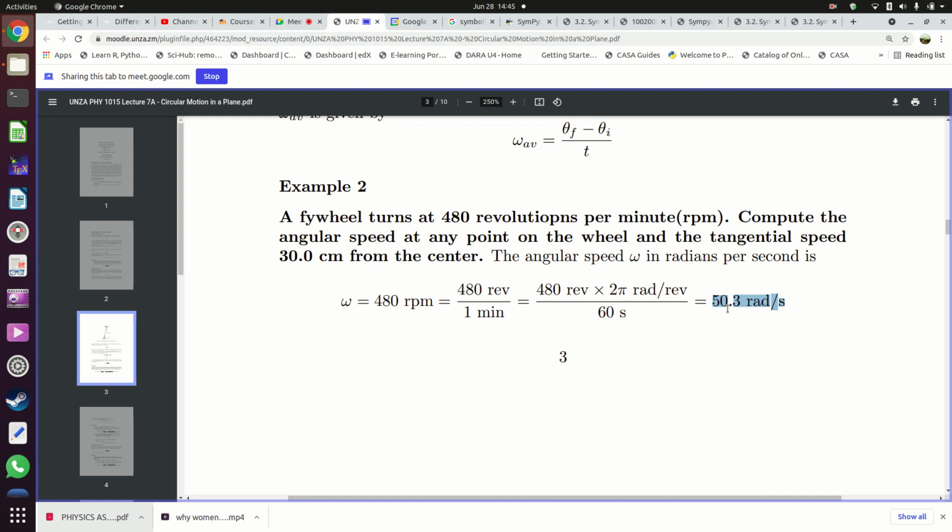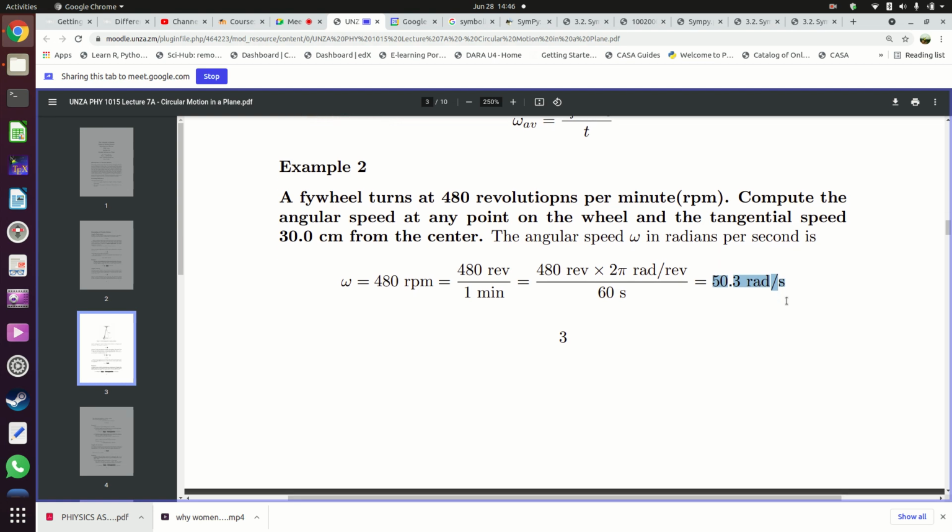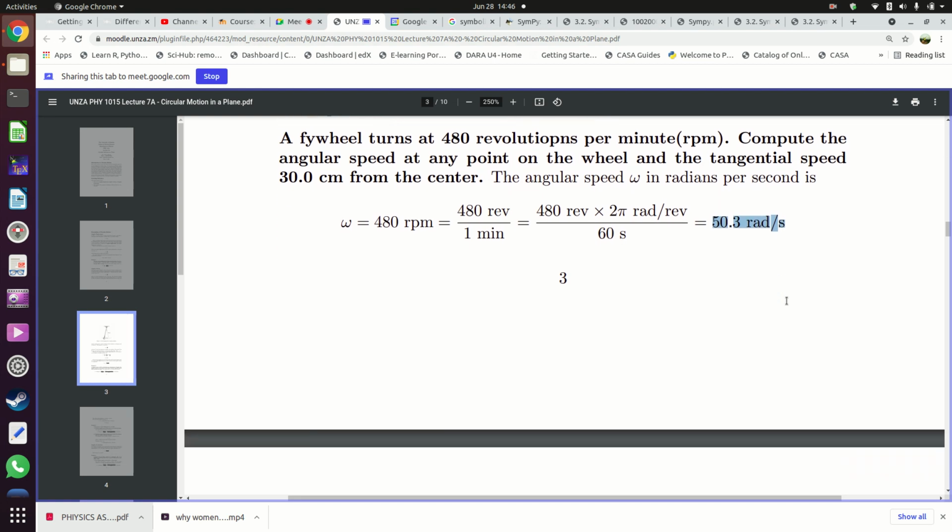In this case, we are given angular velocity in revolutions per minute. You cannot do your calculations in revolutions per minute. You have to change this value of 480 revolutions per minute into radians per second, like this. It's only when you have changed the units of your angular velocity into radians per second that you can do something useful with it.